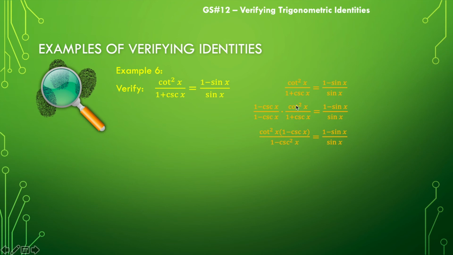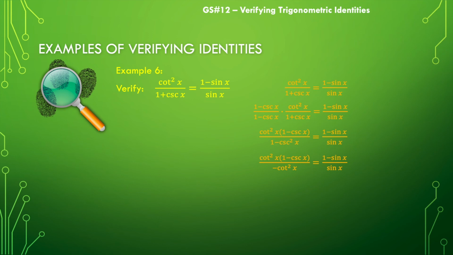And I'm going to just leave this not multiplied out, okay? Cotangent squared of x times 1 minus cosecant of x. Now I know that 1 minus cosecant squared of x is equal to negative cotangent squared of x.